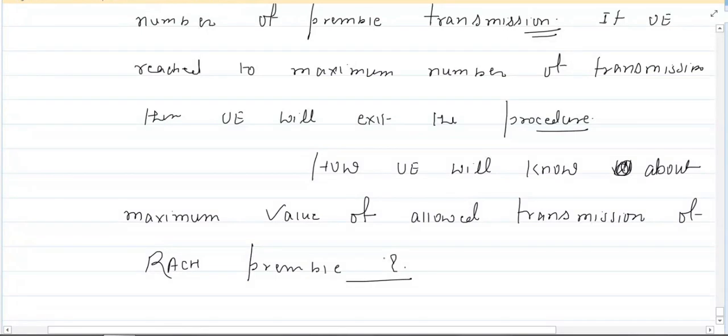How will you know? As already said, this value the eNodeB will broadcast in SIB2 when you are in idle mode, or in the RRC connection reconfiguration message when you are in connected mode.